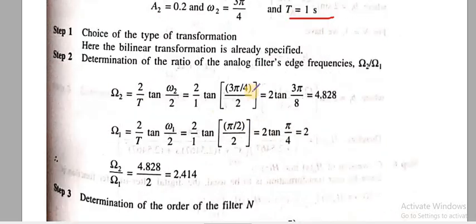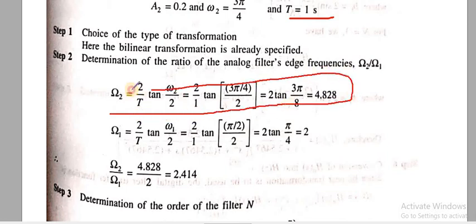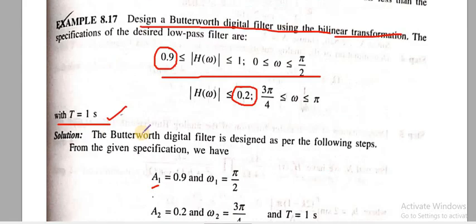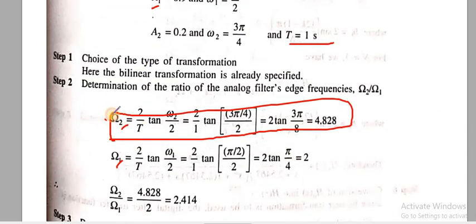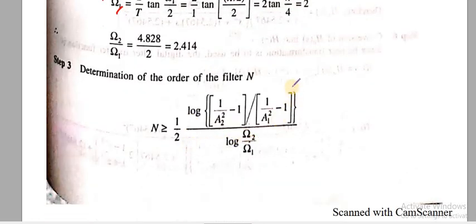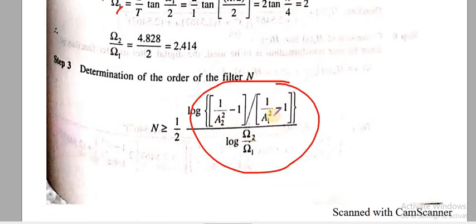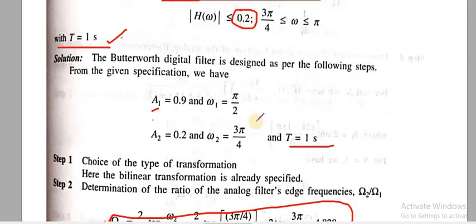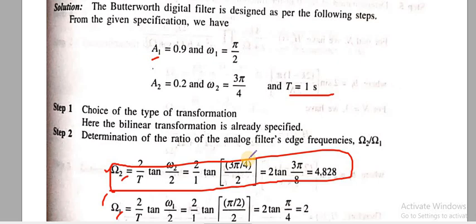This is called pre-warping. By doing this, I am basically calculating omega 2 and omega 1. This omega 2 is the stopband, I think it is the passband. So this ratio is given to you. Now again applying this formula from our discussion, delta P and delta S are equivalent to A1 and A2 here.